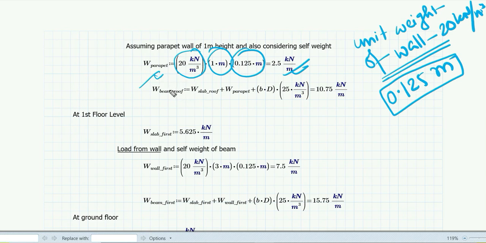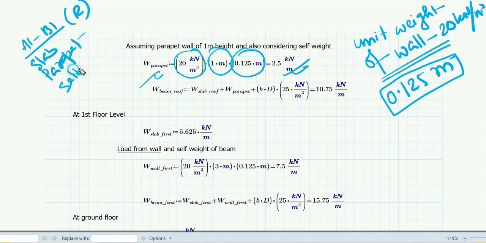Again, along with that, the beam itself has a self weight, right? So all these three loads are going to come. What are the three loads? One is slab. So over the beam A1 B1 at the roof level we will have load from the slab, then load from the parapet wall and its self weight.